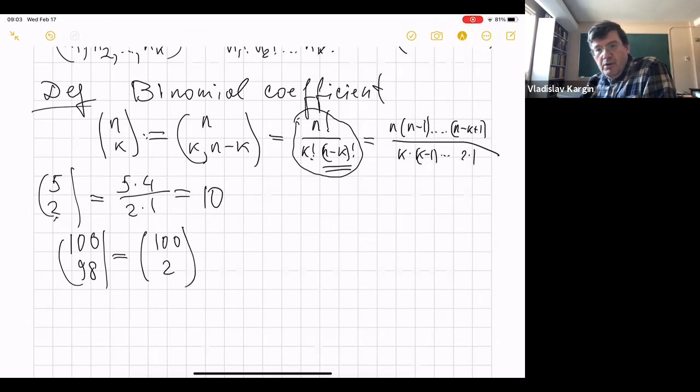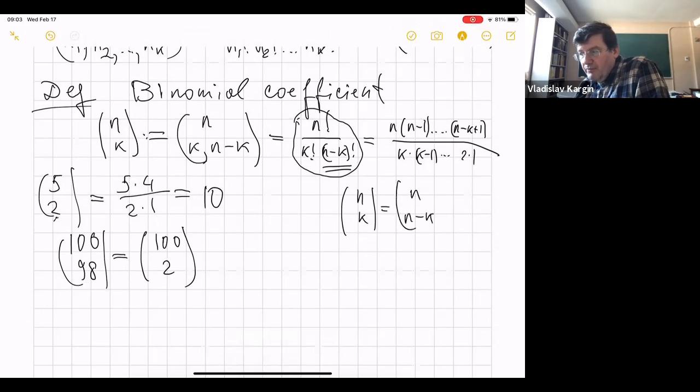In general, n choose k is equal to n choose n minus k, because the formula is symmetric in k and n minus k. By definition this equality holds.